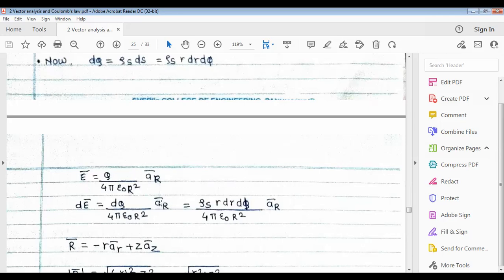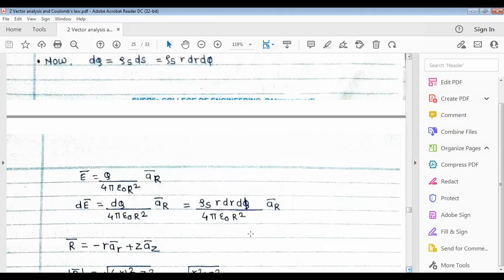Now we have to put the equation for dq. dq is equal to rho s ds, which is equal to rho s into r dr d phi. So dE bar is equal to rho s into r dr d phi divided by 4 pi epsilon 0 r square into A bar r.